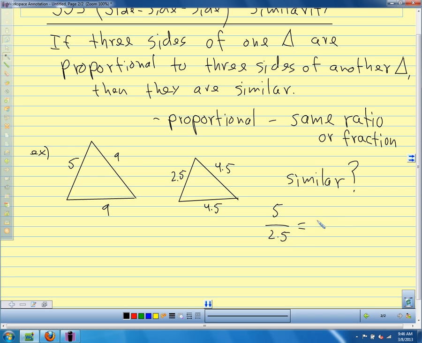5 divided by 2.5 is 2. These two are the same, so we have to match those up with each other. 9 divided by 4.5 is also 2. So these triangles would be similar by side, side, side.